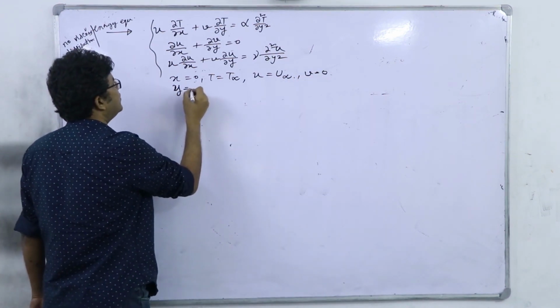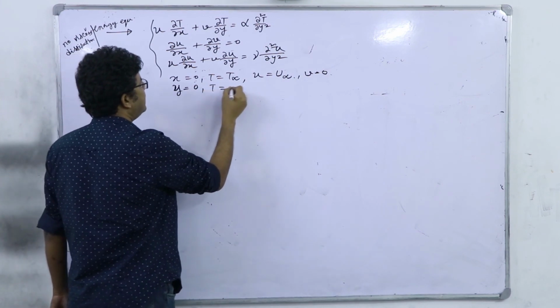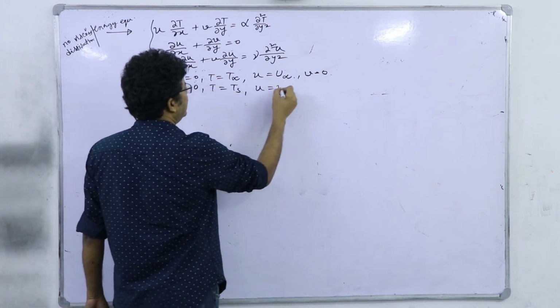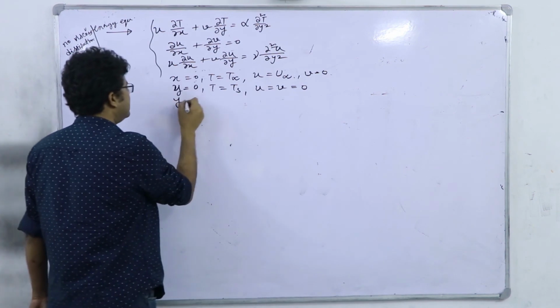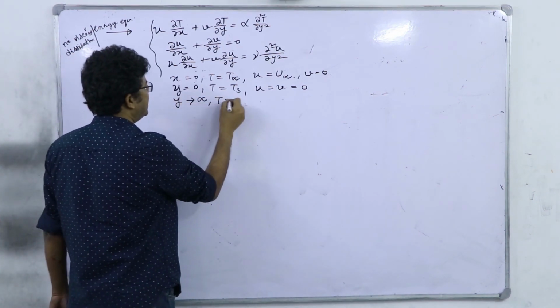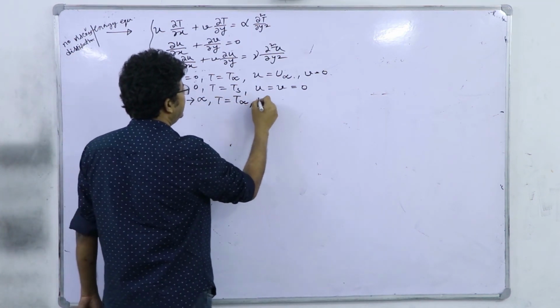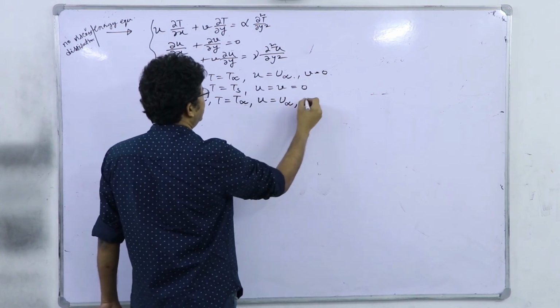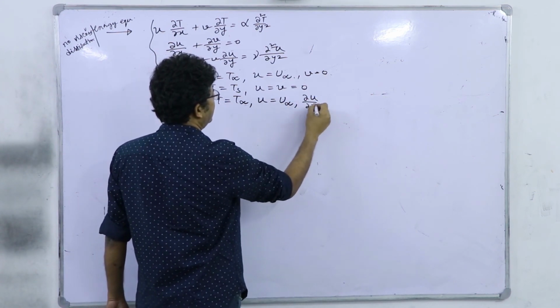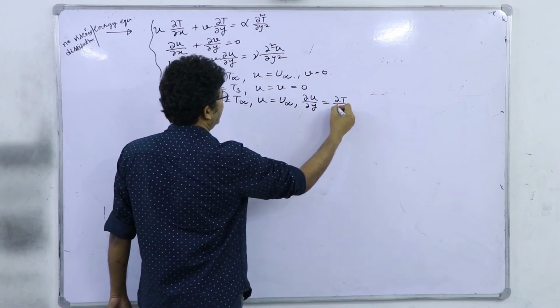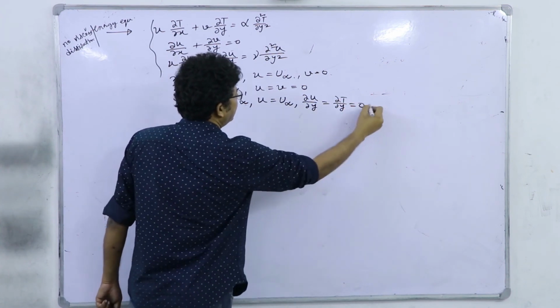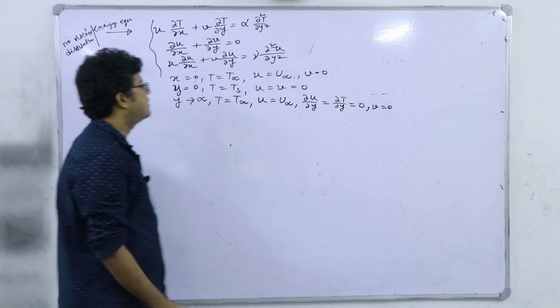Y is equal to 0, T is equal to Ts, U is equal to V equal to 0. Y tending to infinity, T is equal to T infinity, U is equal to U infinity, or alternatively we can write that del U del Y is equal to del T del Y is equal to 0 and V is equal to 0, right?